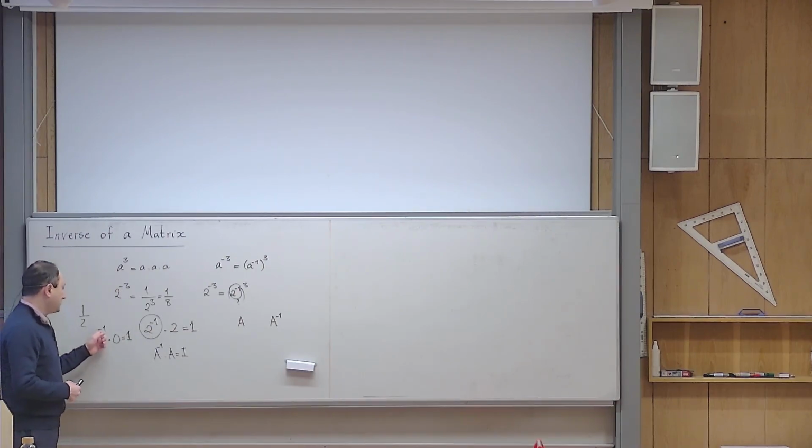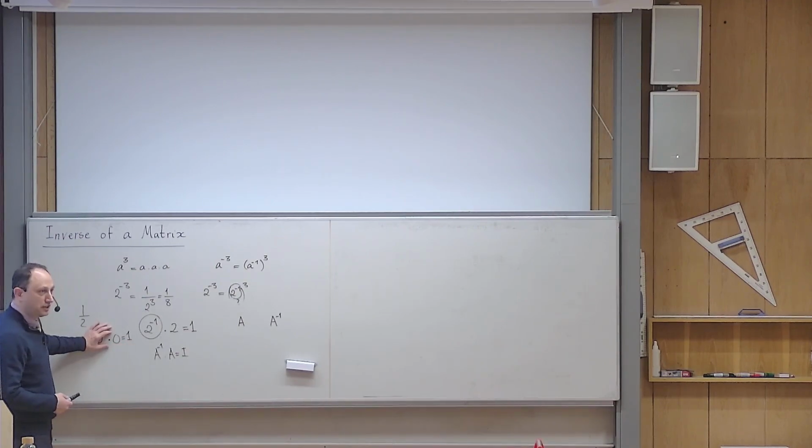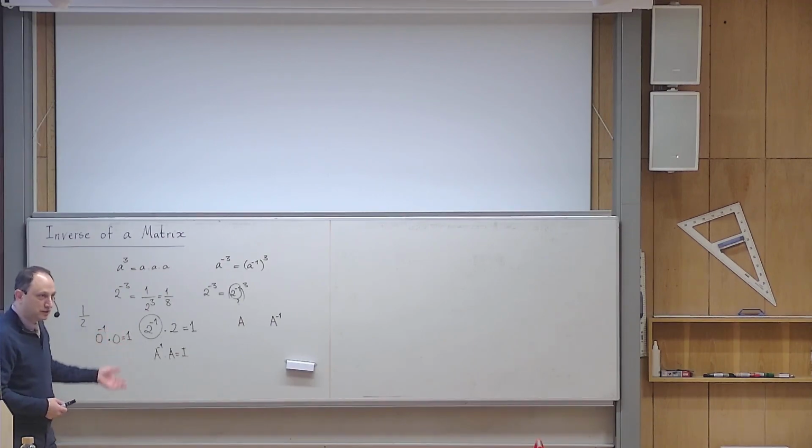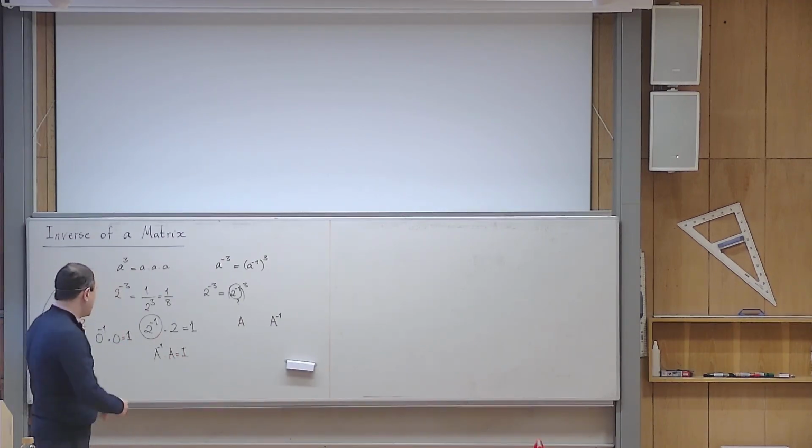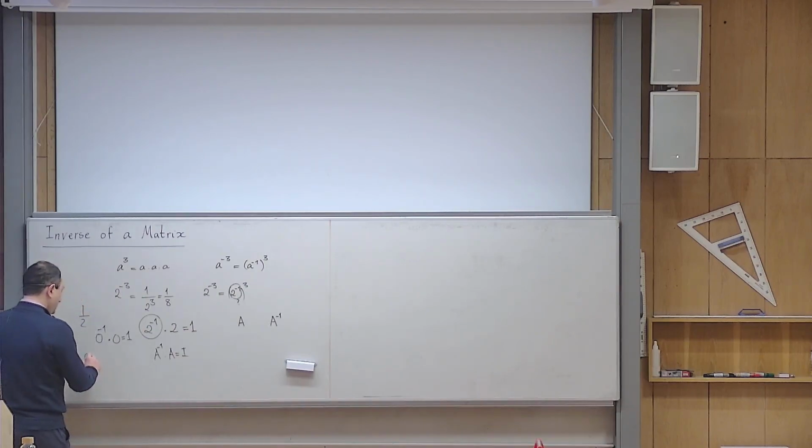So when I say 0 inverse, it means the number which, when multiplied by the number itself, should be 1. But this is not possible, yes? Because whatever this number is, multiplied by 0 should be 0, and this is not possible. So this is why we say that 0 does not have any inverse.